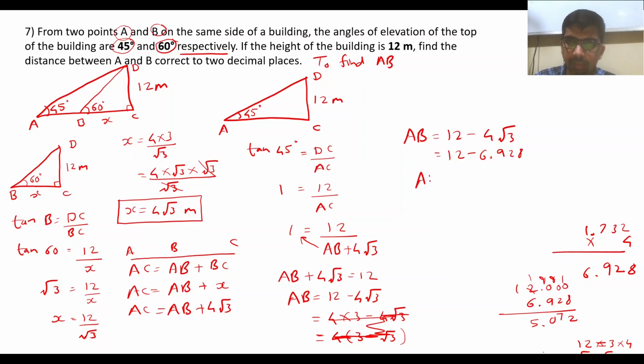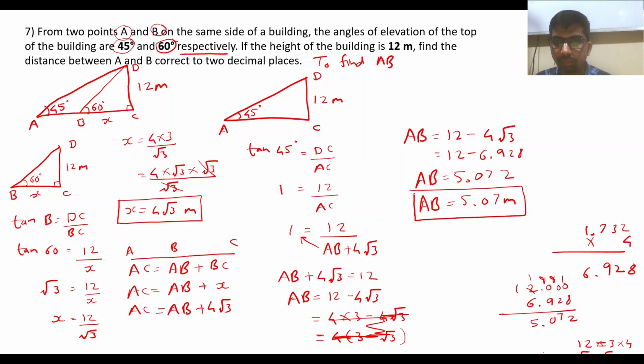So AB you will get as 5.072. So correct to 2 decimal places. So first place, second place. Third number is less than 5. You can ignore it. So AB is how much? 5.07 meters. So distance between A and B is how much? 5.07 meters. So that's the answer. Okay. It's very easy. Let's go further.